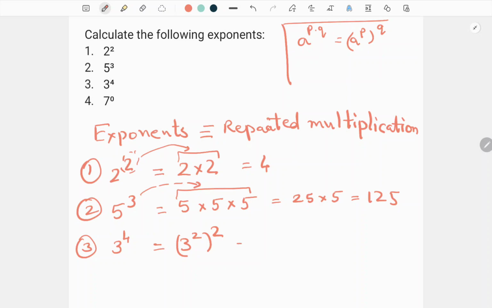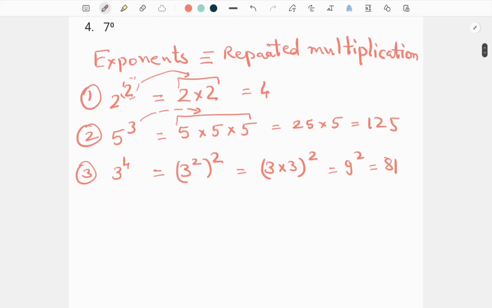The inner operation is basically 3 times 3 and the outer operation is the square operation, which is 9 squared, which is 81. You can also get this by straight multiplication of 3 times 3 times 3 times 3, but we are going to use a trick here, a simple property of exponentiation.